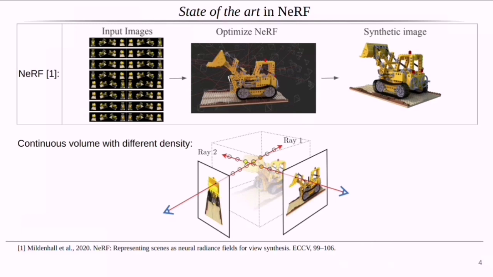It trains a network to predict the density and the RGB color of each point in the volume, and it accumulates all the points along the same ray to get the pixel value, and uses only the input image pixel values to supervise the training. As we can see, the resulting synthetic image is quite photorealistic.